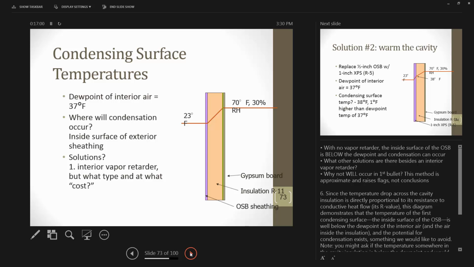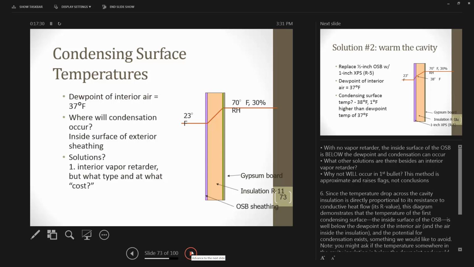I'm not going to go through all these. I want to get to the last part of it. I think you guys all get this. So with the psychrometric chart, if you've got the relative humidity and you've got the temperature differentiation, the delta T between inside and outside, you can determine what your dew point is going to be.